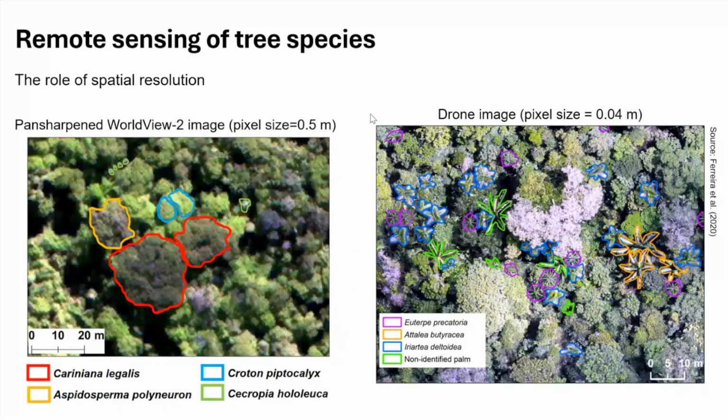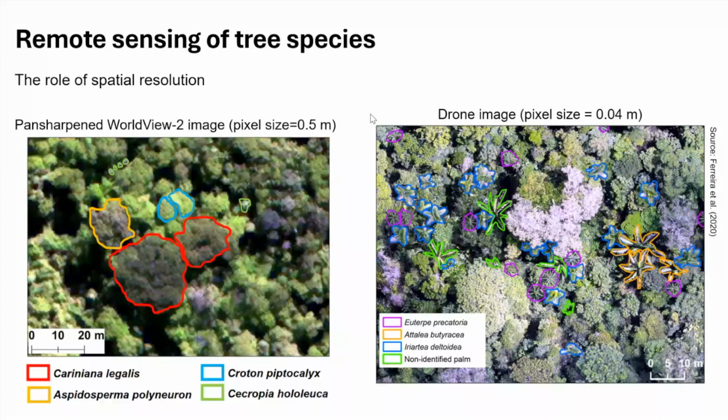Now technological improvements allow us to acquire very high resolution images using, for example, drones. And using drones, we can have centimeter-scale resolution.